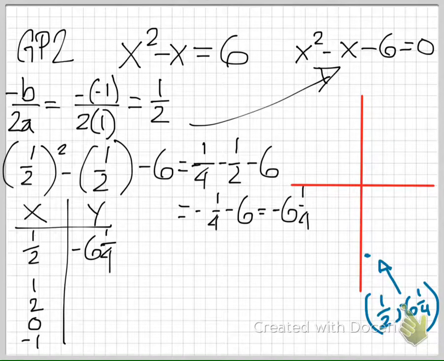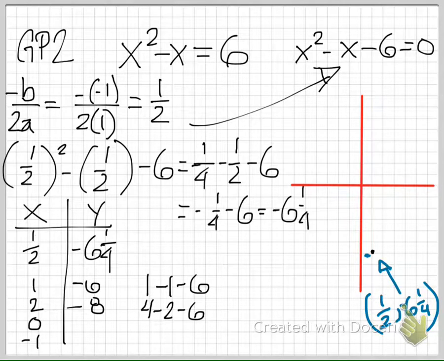Take each of those and plug them into your equation. 1 squared minus 1 minus 6 gives me negative 6. So 1, negative 6. My next one, 2 squared, which is 4, minus 2 minus 6.